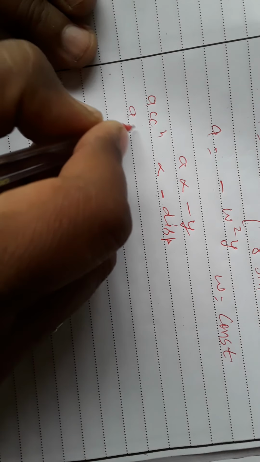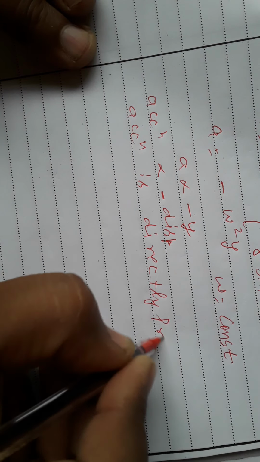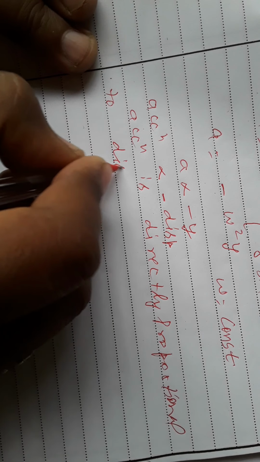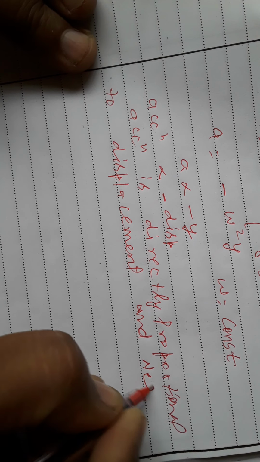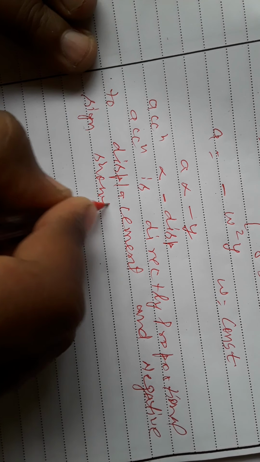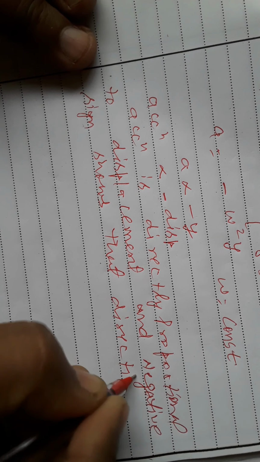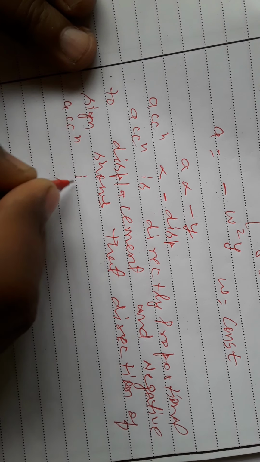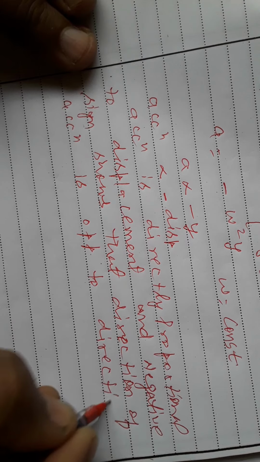Now we can say that acceleration is directly proportional to displacement, and the negative sign shows that the direction of acceleration is opposite to the direction of displacement.